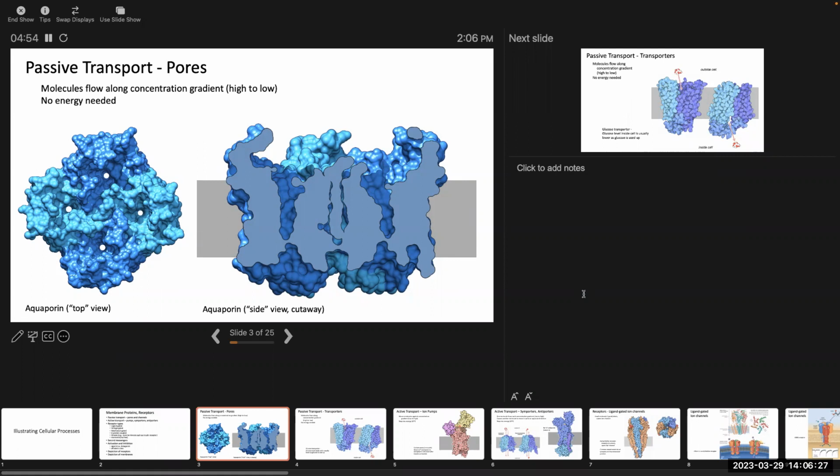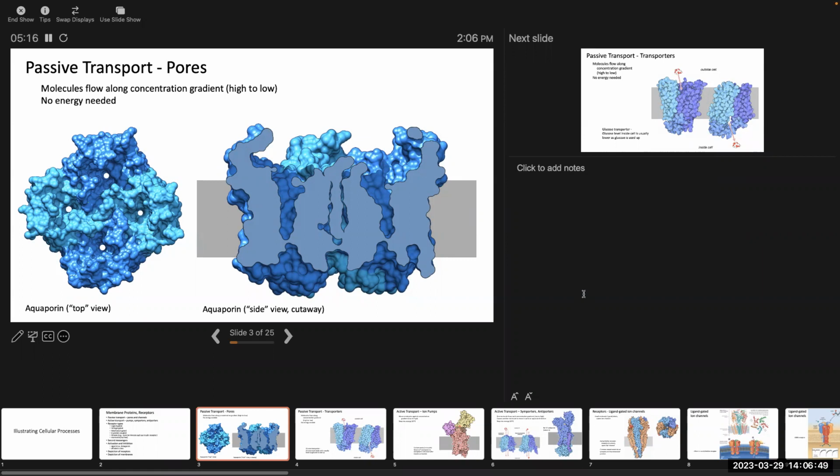So oftentimes, in order to allow this passive transport to take place, you need some kind of opening in the membrane, which would be something like a pore or some kind of channel that simply allows molecules to pass easily from the outside to the inside, or the other way around, to pass from the cytoplasm inside the cell to the outside.